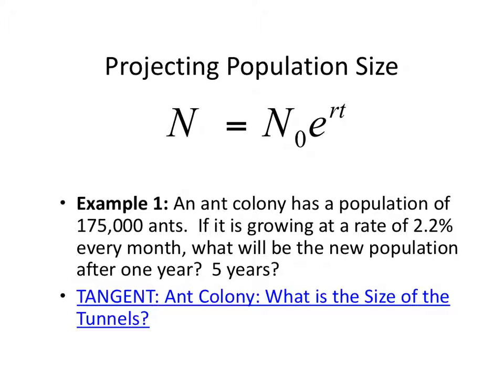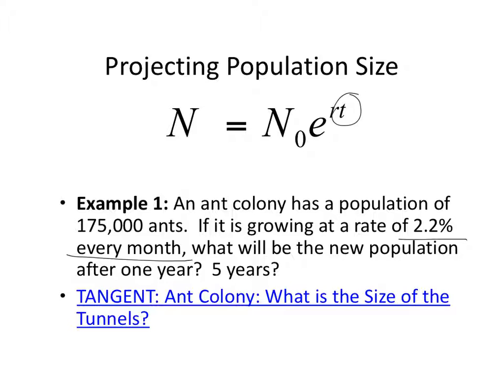So our first example here is utilizing our exponential growth rate equation to look at the population of an ant colony. And if we look through the question, we know that it's growing at 2.2% every month. So that should key you into this t.